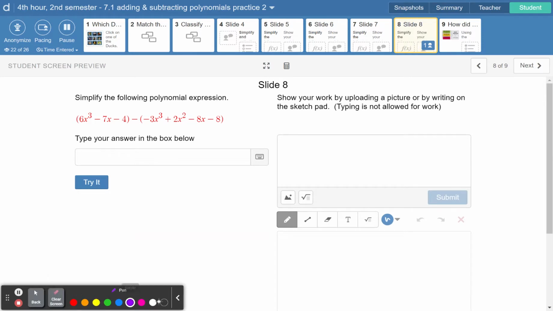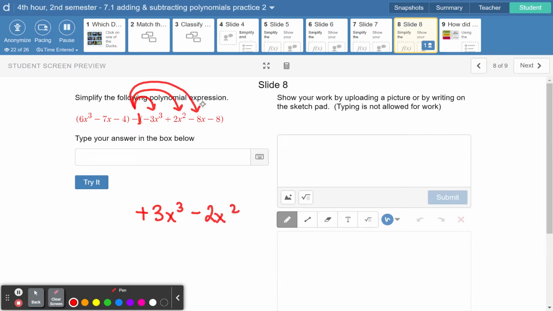So for slide number 8, all right, now we have this negative. Negative times a negative is a positive 3x to the third. Negative 1 times a positive, remember that's really a negative 1. Negative 1 times positive 2x squared is a minus 2x squared.